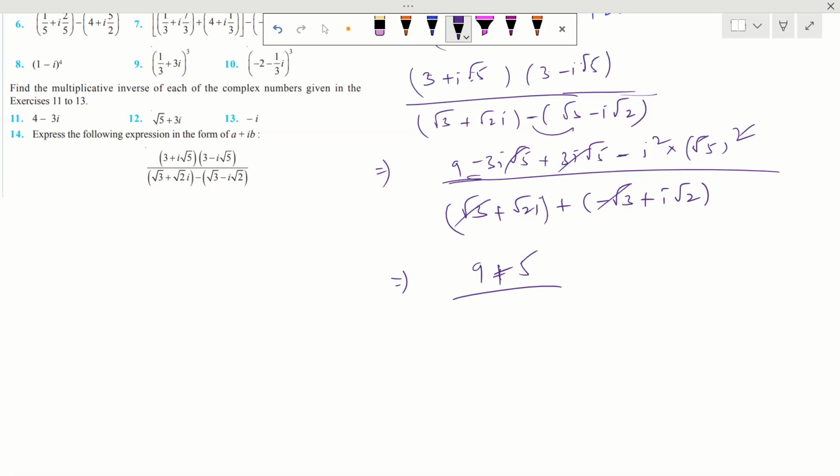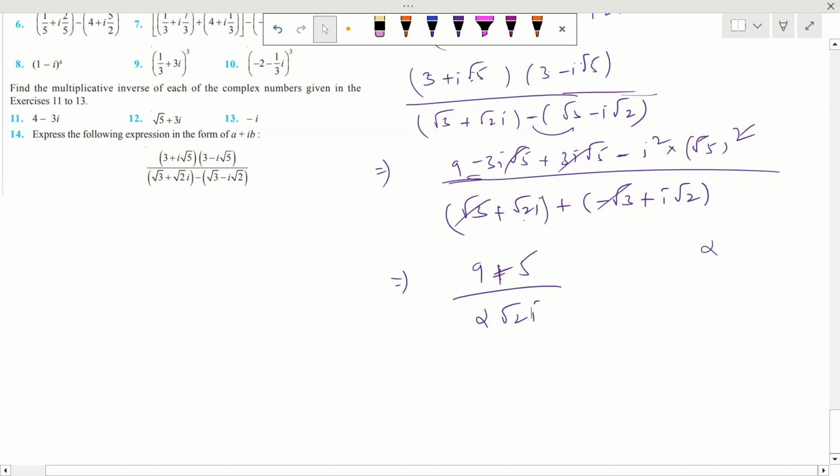And root 2 i, then we'll have root 2 into root 2, the plus is there, right? Then we'll have 2 root 2 i, 2 root 2 i.